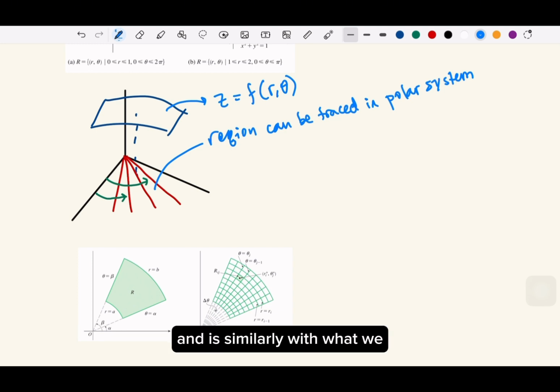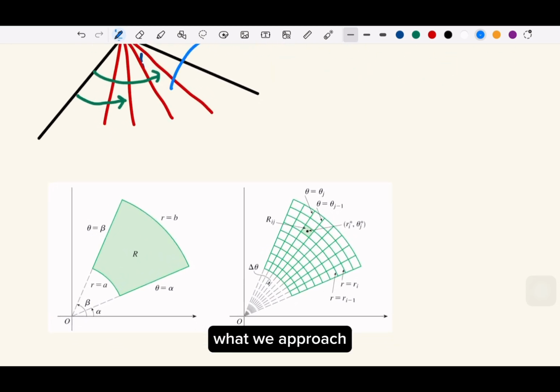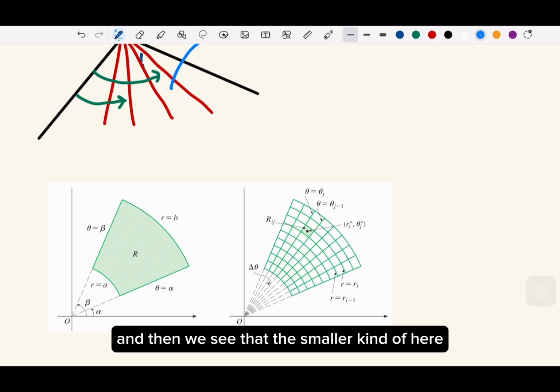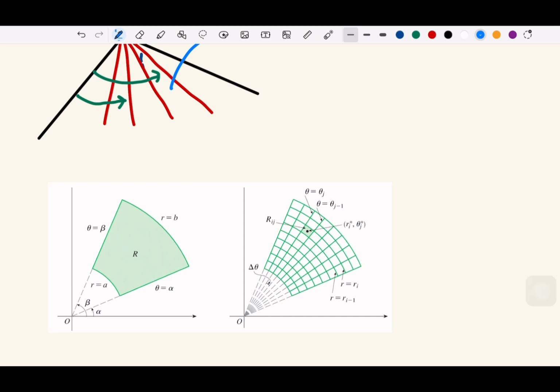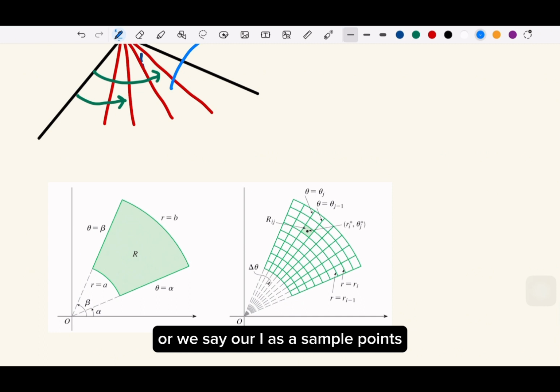And then similar to the approach we used before, we cut and slice, and we see the small rectangle here. The small rectangle here, we can pinpoint the coordinates as r theta, with ri as a sample point and theta j as a sample point.